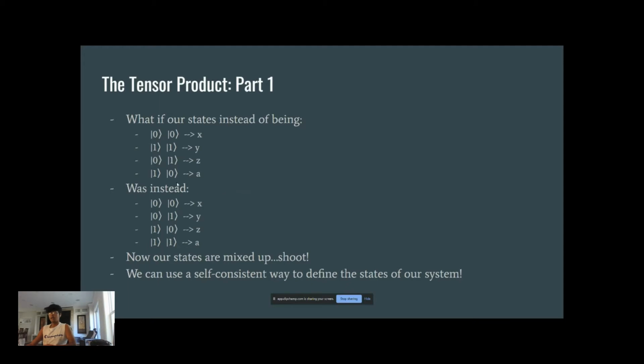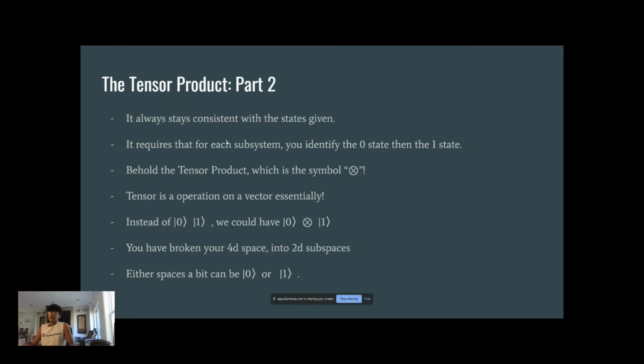So now our new a is 11, and our a in these new states is really our y in the previous states. Now our states are mixed up, so we need to find a self-consistent way to define the states of our system, and it always has to stay consistent with the states that are given.